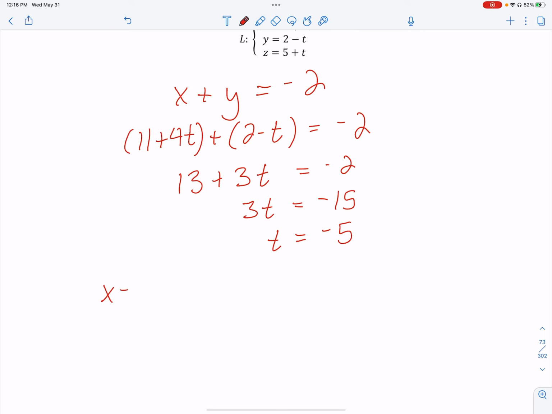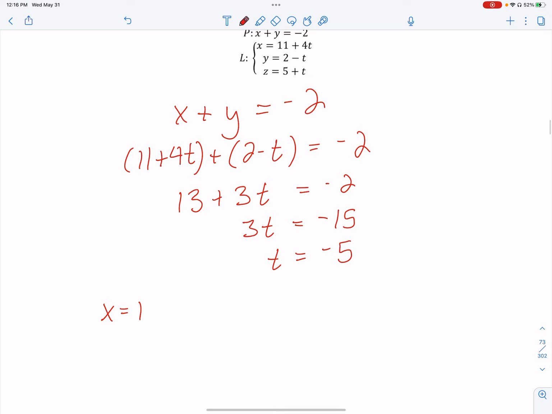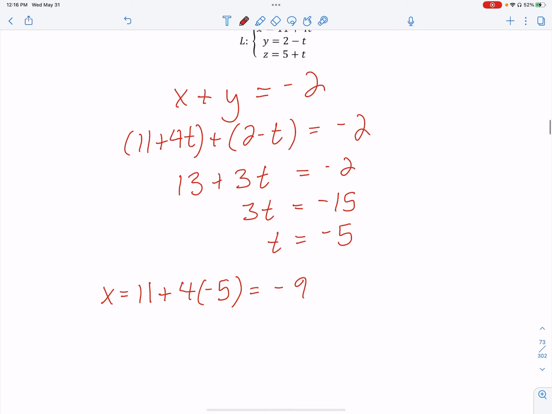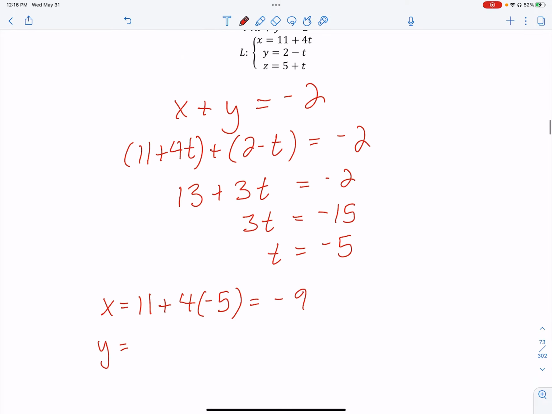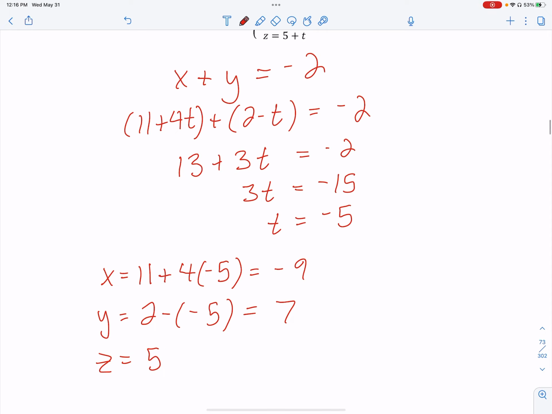So x equals, and I just use the formulas above, 11 plus 4 times -5. So x is going to be -9. y is equal to 2 minus t, so 2 minus -5, which is 7. And then the last one, z equals 5 plus -5, which is 0.